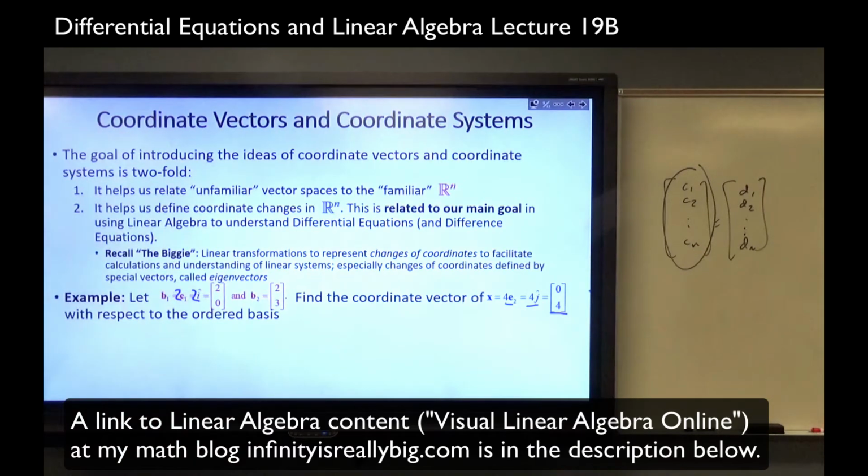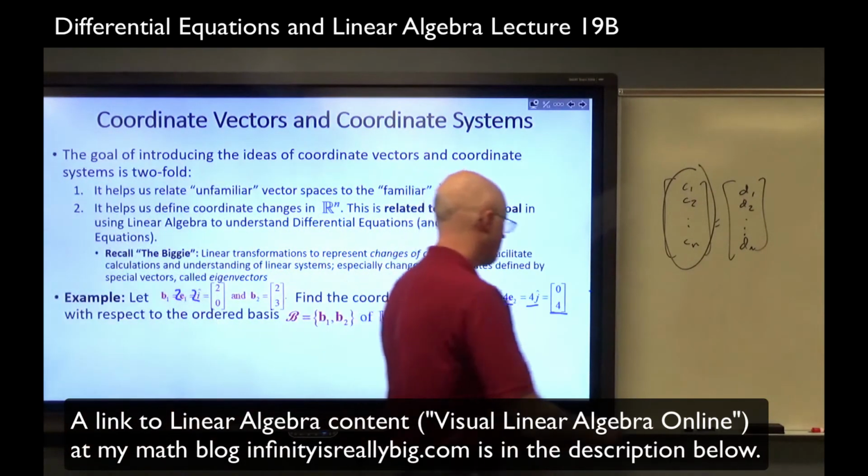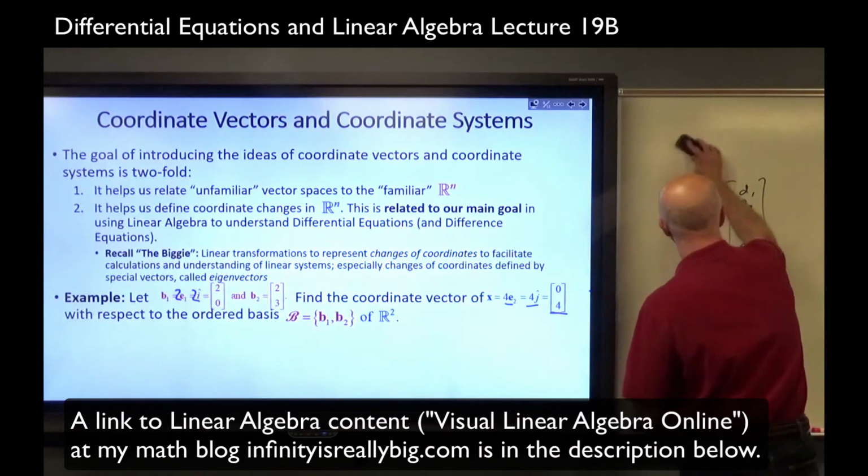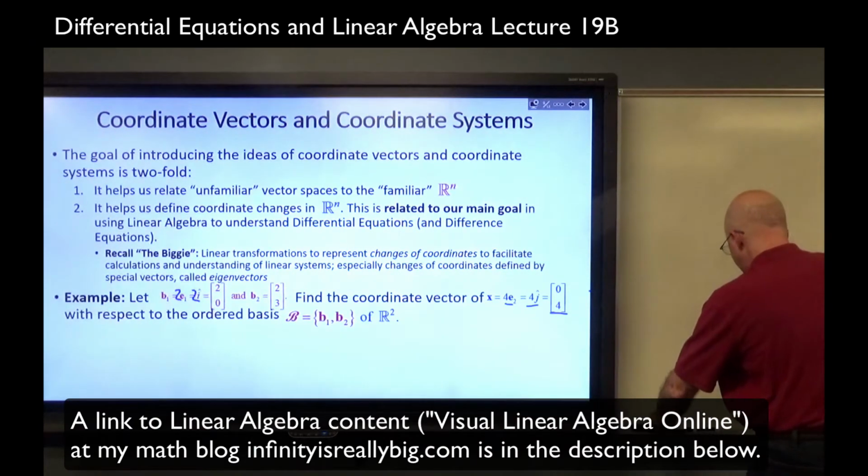Goal is to find the coordinate vector of x with respect to the ordered basis B1, B2 of R2. So what would that mean we have to do? It would mean we need to find the C1 and the C2.